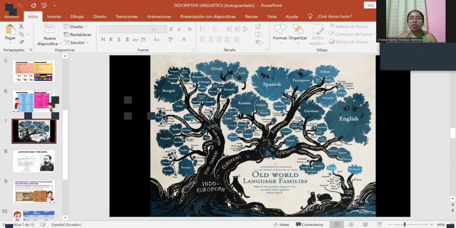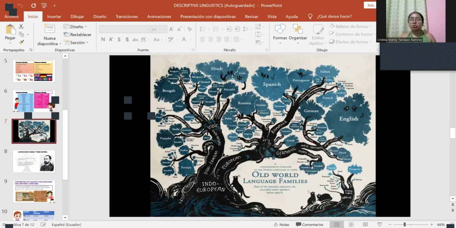For example, here, Indo-European is the trunk of the tree, and here we have the European branch. Here we have the language families, for example, the Germanic family, the Romance family, and here we have the languages that have a link between them because they have similar words because they have the same origin or ancestor, like Spanish, Portuguese, Italian, French.